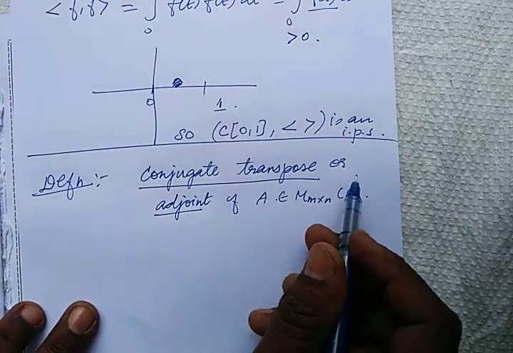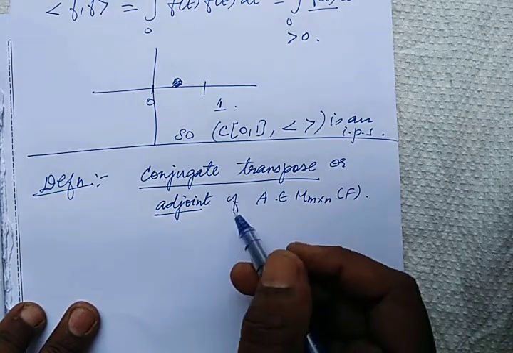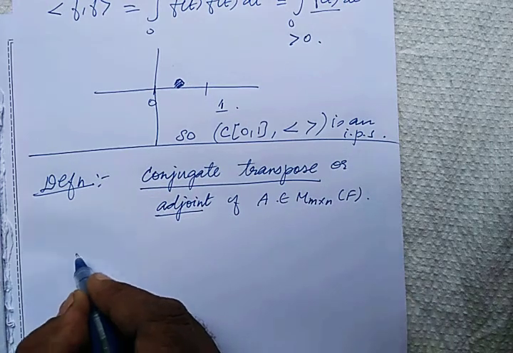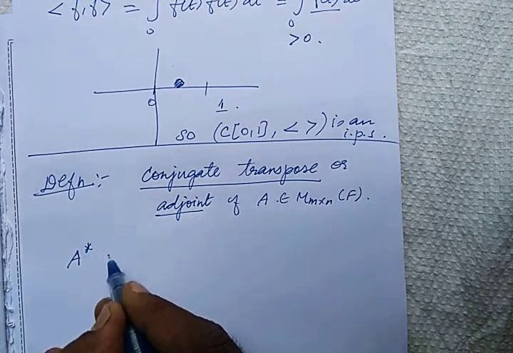Conjugate transpose or adjoint, both are the same name, of a matrix A. A is an m by n matrix that is usually denoted as A star.